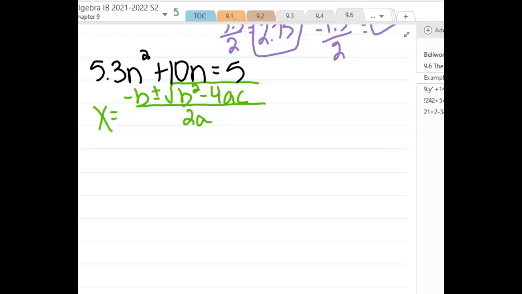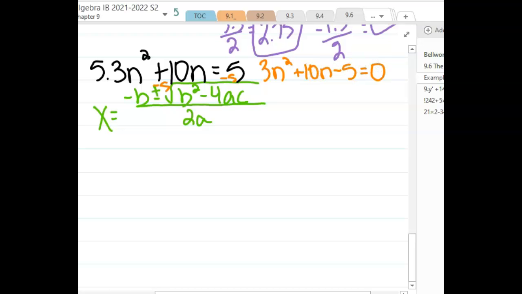Now, before I can identify A, B, and C here, what's the first thing I would need to do? Yeah, I need to set it equal to 0, so I need to subtract that 5 from both sides. And you want to make sure you put it in order. So that 3n squared is going to go first, then the 10n, then the minus 5 equals 0.